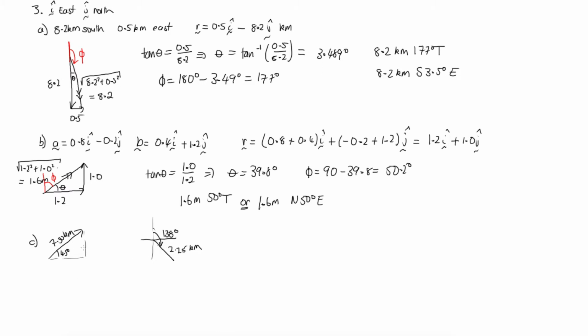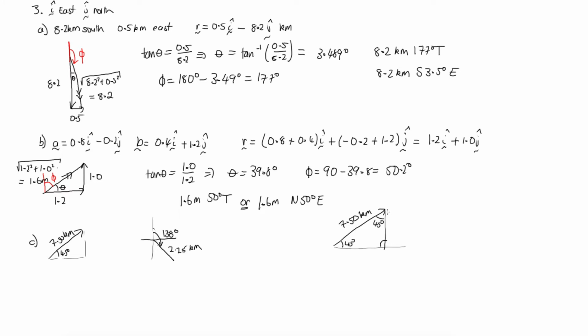Okay, now there are two approaches that we can use to answer this question. One way to do it is to add these two head to tail. So we can draw this one here. This is 45 degrees, which means that up there is also 45 degrees because that's 90 degrees. This is 7.50 kilometers.